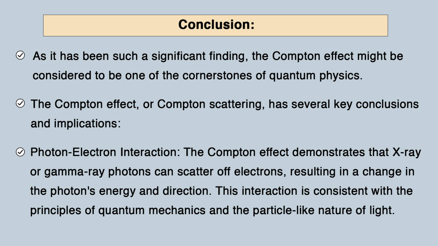The Compton effect demonstrates that X-ray or gamma ray photons can scatter off electrons, resulting in a change in the photon's energy and direction. This interaction is consistent with the principles of quantum mechanics and the particle-like nature of light.